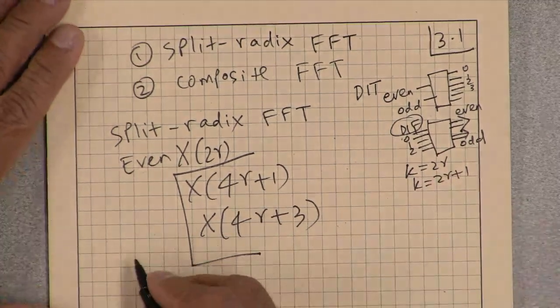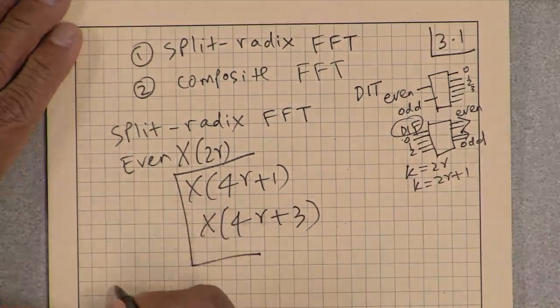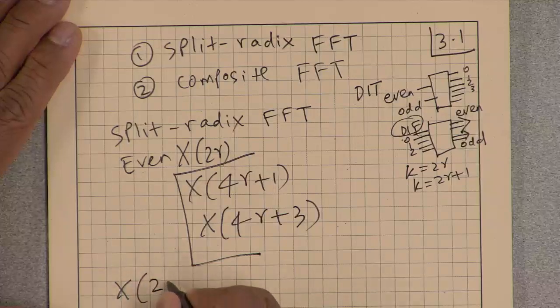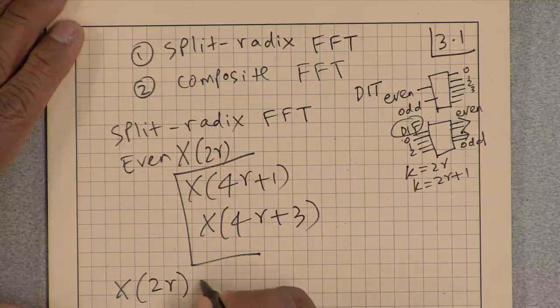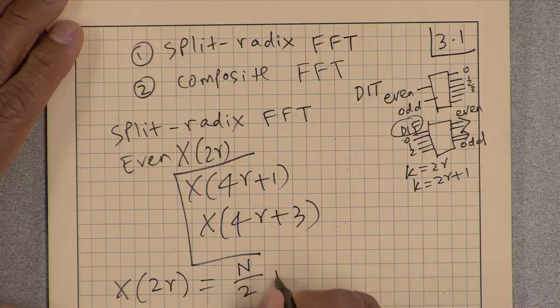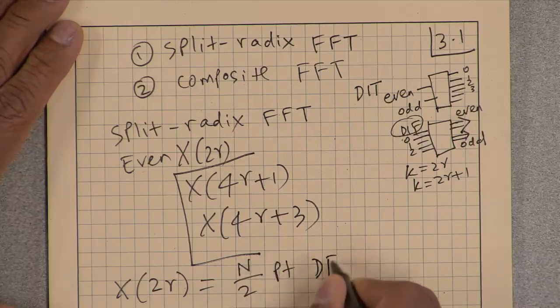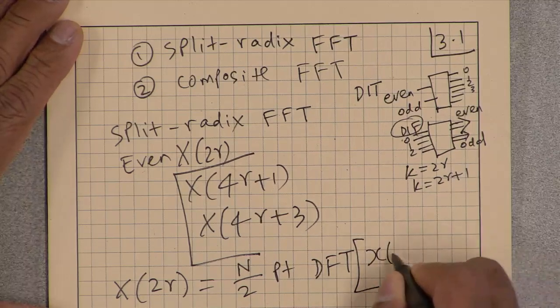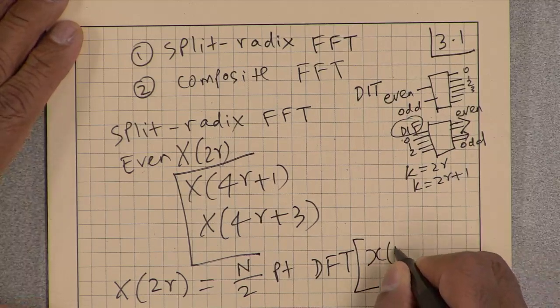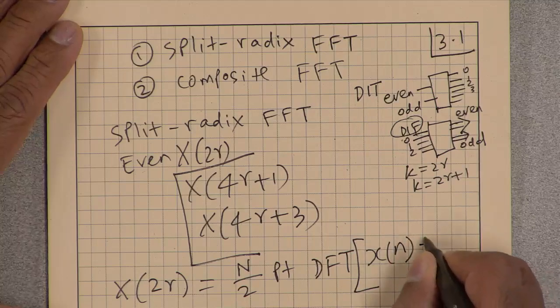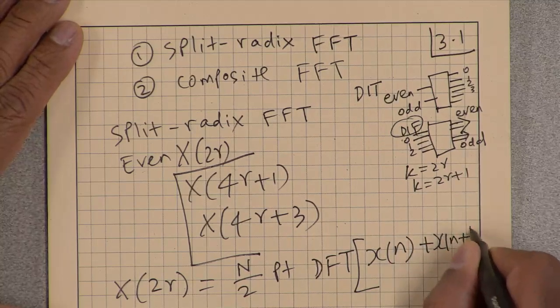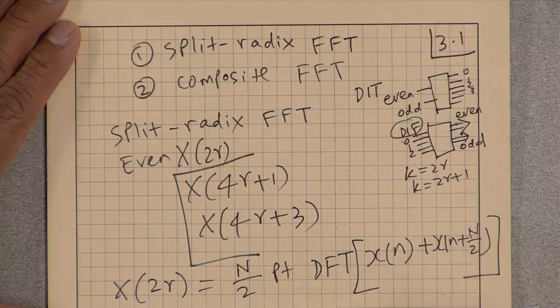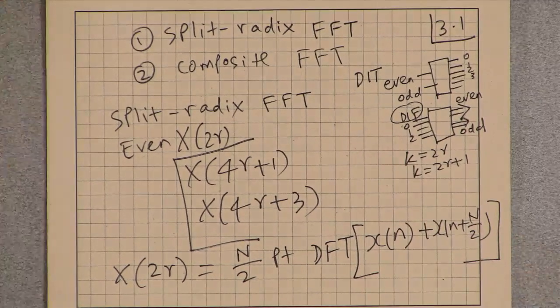So without deriving any further, I think what we had seen last time is X(2r) was the N by 2 point DFT of x[n] plus x[n plus N by 2]. Let me just take a look. I think that was the equation.